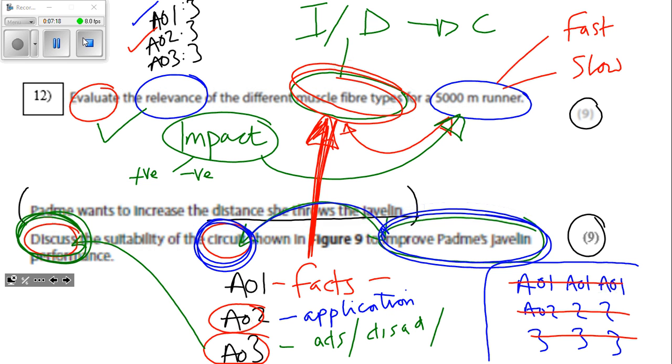Or are you a top to bottom person where you're going to get AO1, AO2, AO3 in a paragraph and same there and same there? Don't forget, always start with an intro and always finish with a conclusion. Now again, this is something we have discussed before, and hopefully this will just go over it again for you.